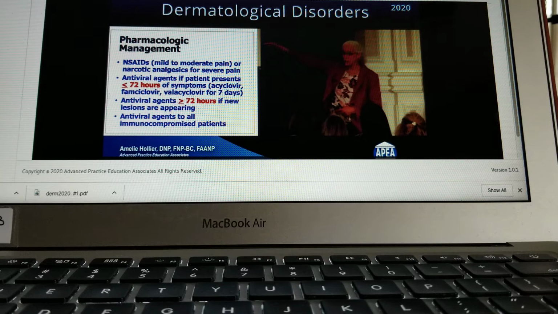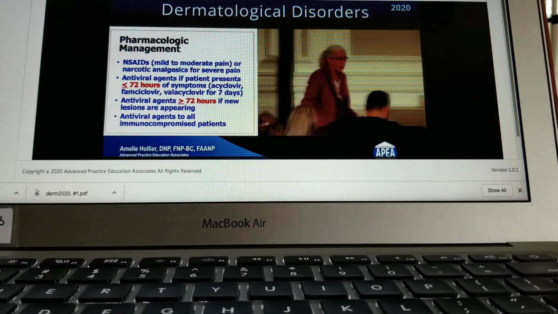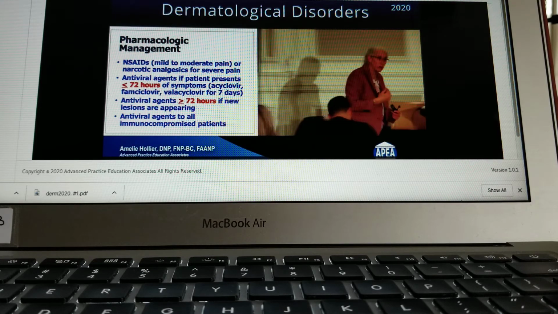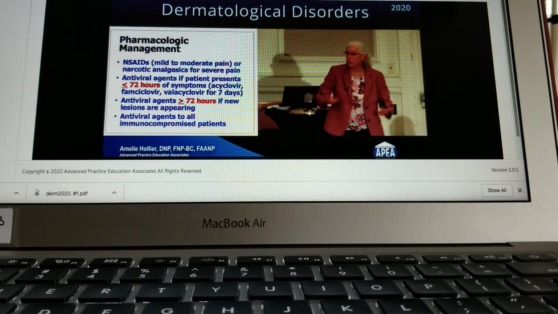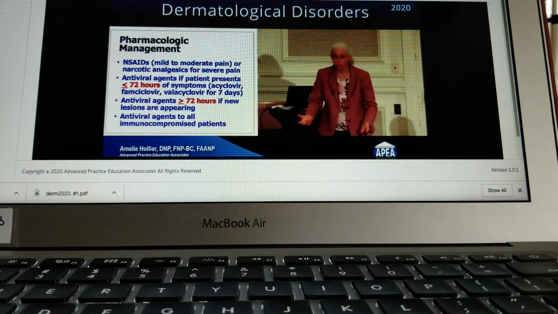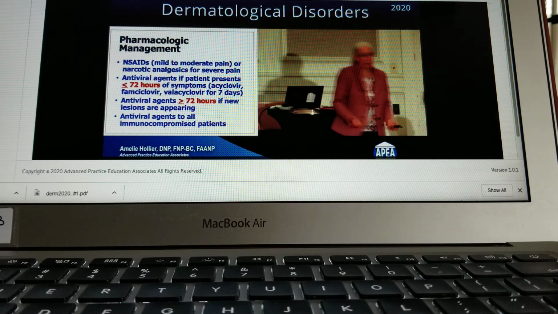And a lot of you older adults are not going to be able to tolerate it. When you give a lower dose of an oral anti-inflammatory agent, you are simply taking advantage of the analgesic properties of that anti-inflammatory. You're not getting the anti-inflammatory properties of it. You follow me? So you got to give a higher dose.